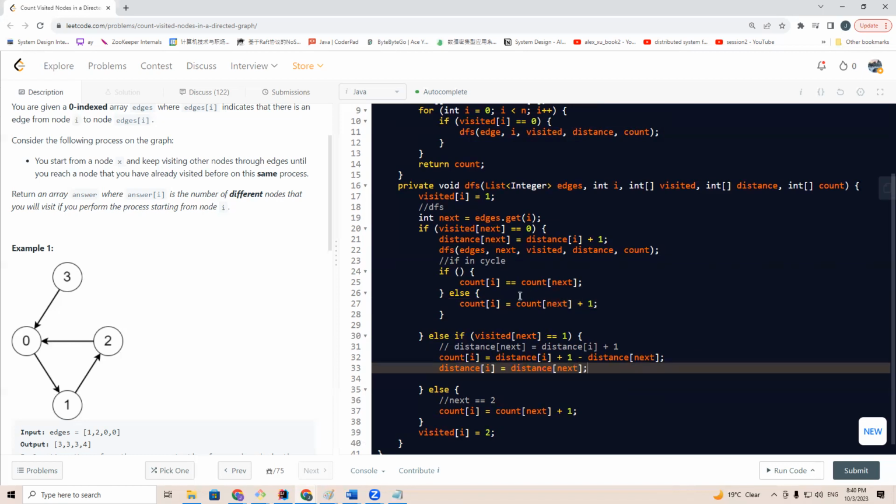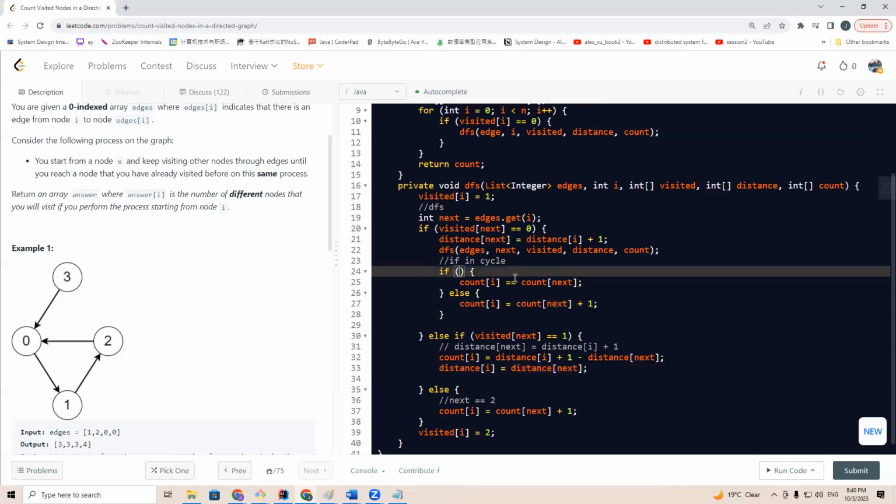So in this case, because we do the backtracking, we update this distance I. So we'll say if distance next is smaller than distance I plus 1, right?